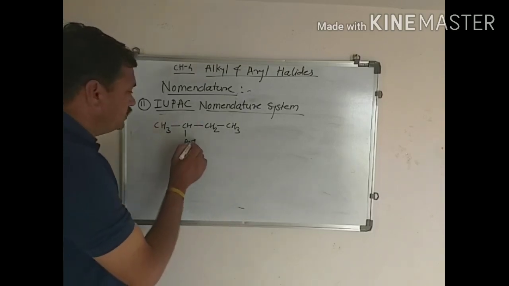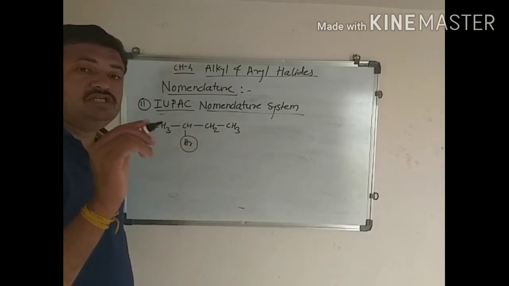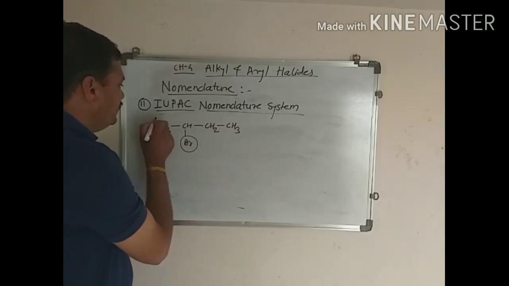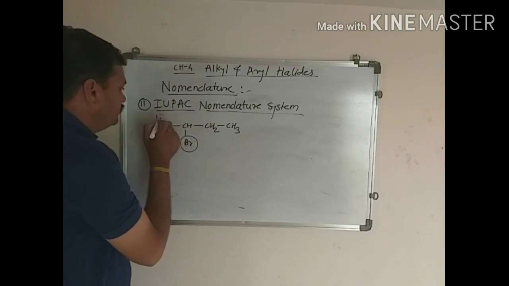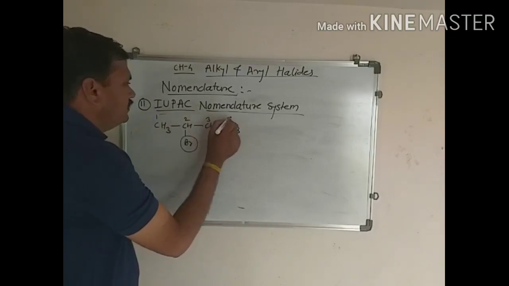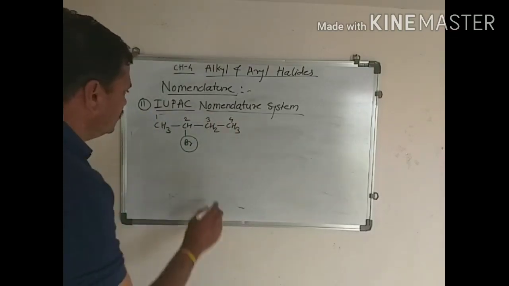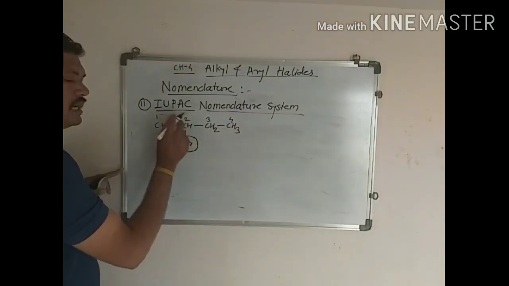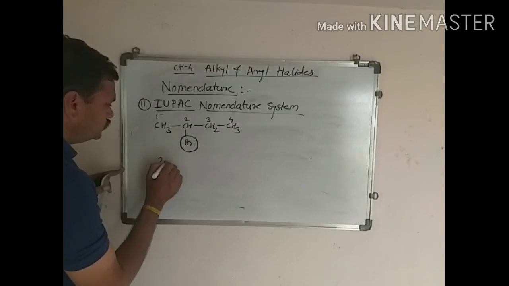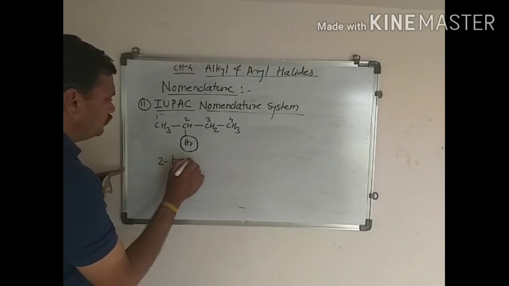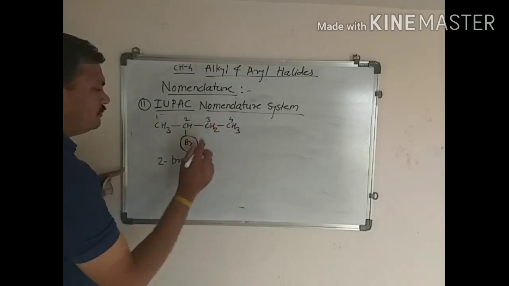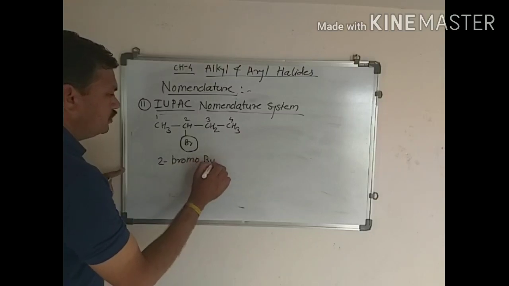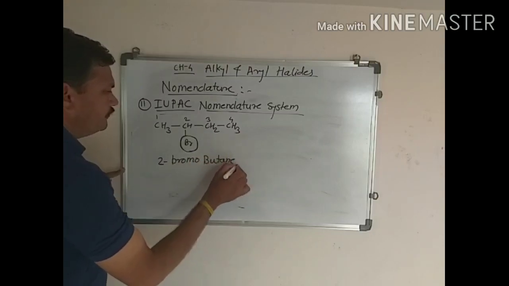But the halogen atom should get the least possible number. Therefore we will give number from left hand side. 1, 2, 3, 4. The bromine atom is attached to carbon number 2. Therefore it is 2-bromo and 4 carbon chain. Therefore it is 2-bromobutane.